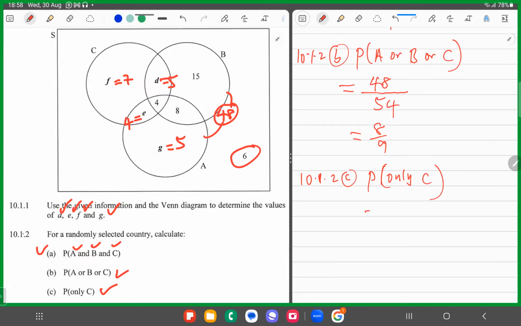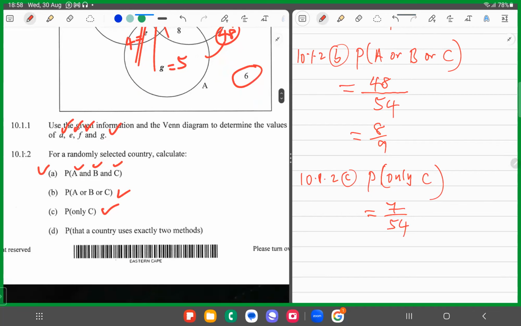Only C means you cut everything else out. Only C is exactly 7 out of 54, and that is the probability of only C.